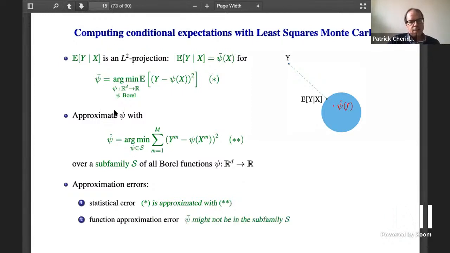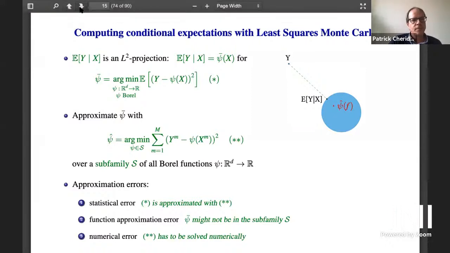Okay, the second error is a function approximation error, because the true regression function might not be in the subfamily S that you're minimizing. It might not be a linear function, might not be a polynomial function, and it might not even be in this class of neural networks that you're parameterizing over. And lastly, you're also going to make a numerical error, especially if you're training a neural network, because typically you're going to use stochastic gradient descent, and it's not always clear what the stochastic gradient descent is converging to, if it's converging at all.